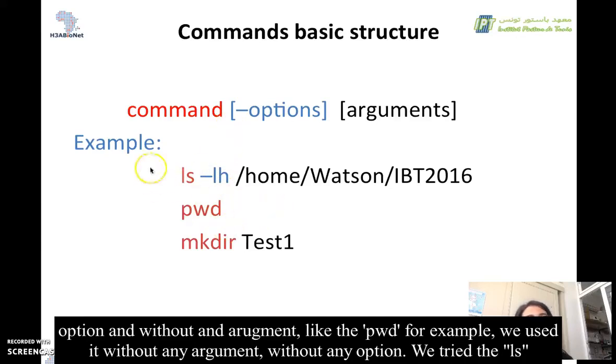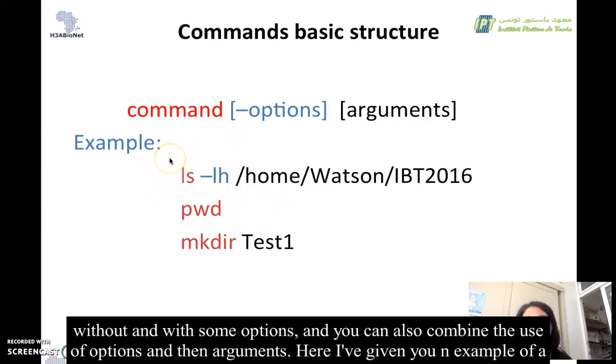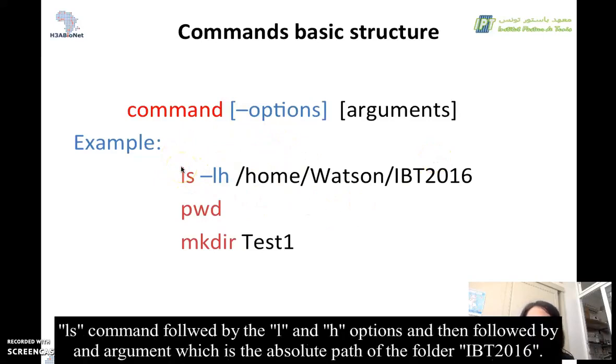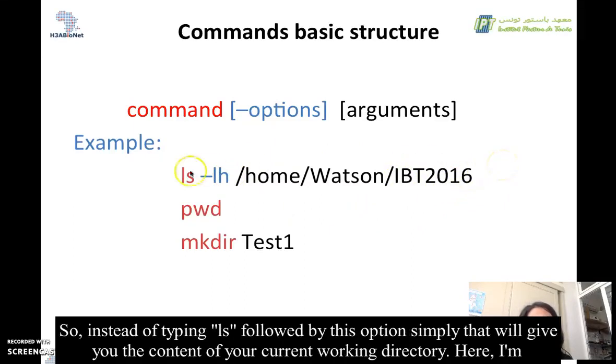We tried the ls without and with some options, and you can also combine the use of options and then arguments. Here I'm giving you an example of an ls command followed by the l and h options, and then followed by an argument which is the absolute path of the folder IBT 2016.